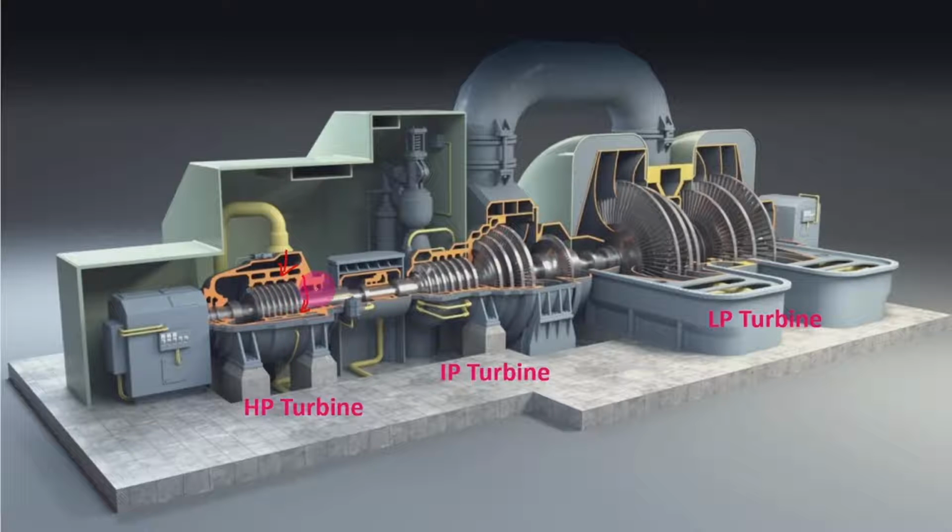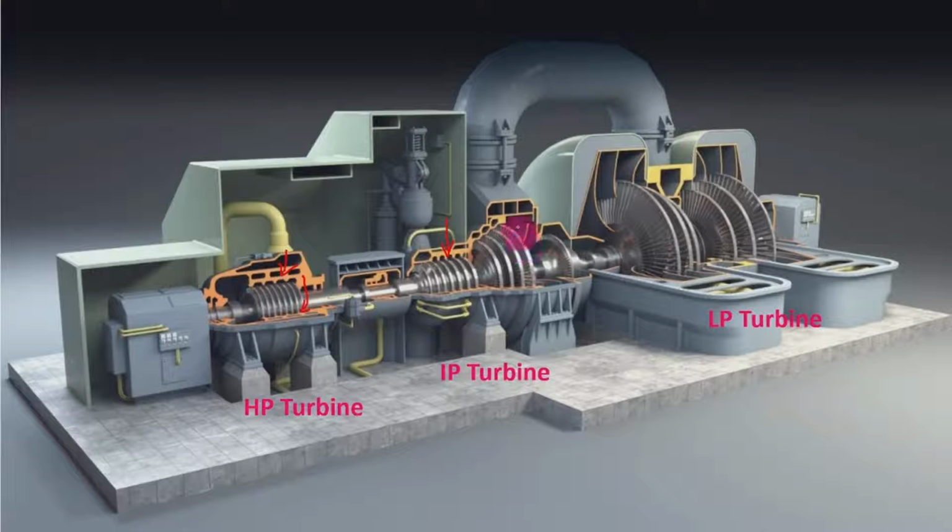After the expansion it goes to the second stage, which is designed to operate at the intermediate pressure, where again nozzles are provided. The nozzles again direct the steam onto the blades, the rotor blades rotate, and the expansion of the steam takes place.